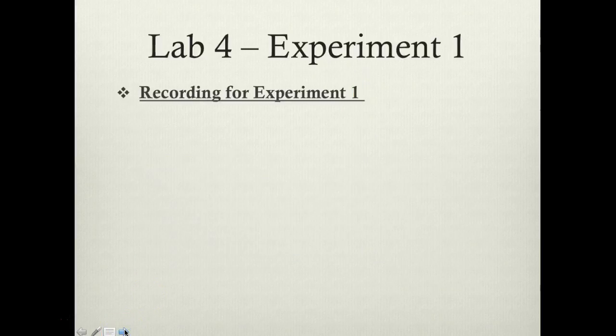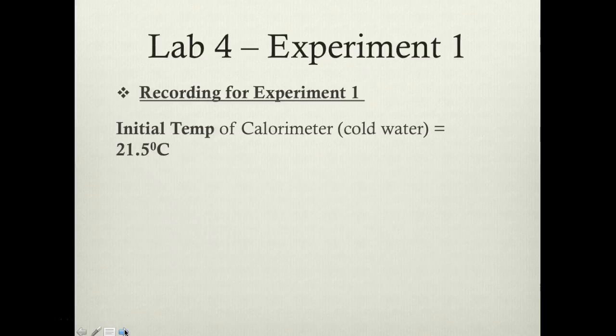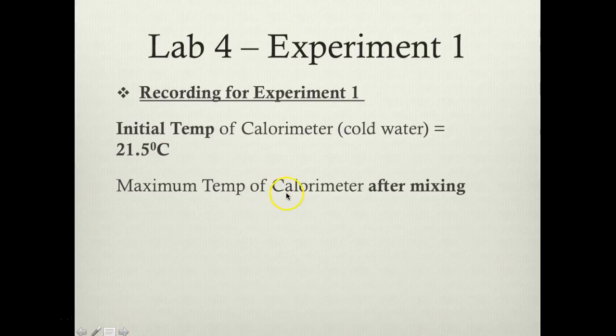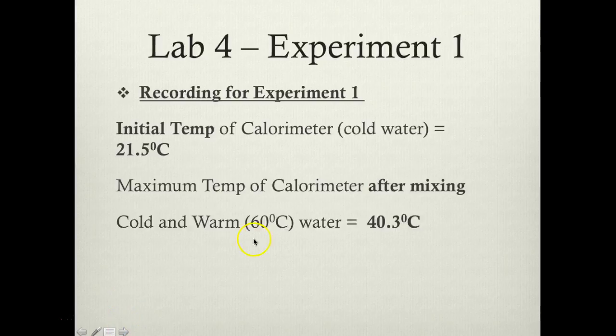So the recording for the first experiment is: initial temperature of the room temperature water, 21.5 degrees centigrade. Maximum temperature of the calorimeter after the mixing of the two waters, cold plus warm, is 40.3 degrees centigrade.